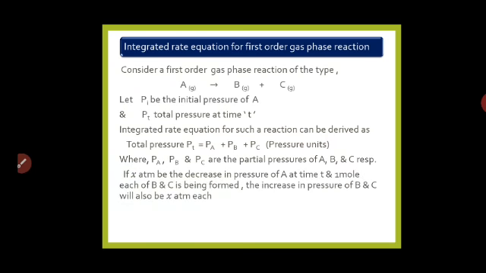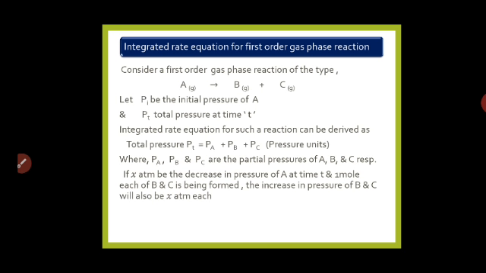Suppose X atmosphere pressure is decreased during the reaction for reactant A at time T. Then that much pressure should increase in the formation of B and C. Let us consider it is for 1 mole of each of B and C. So the increase in pressure of B and C will also be X atmosphere each.